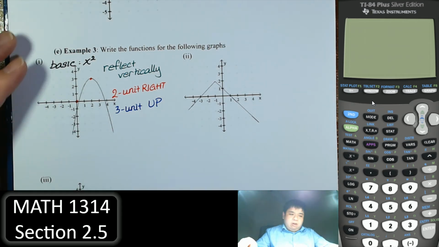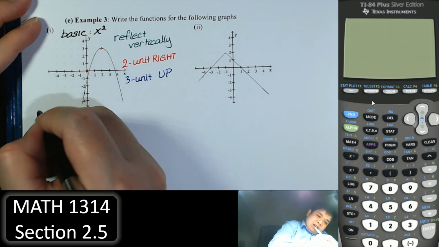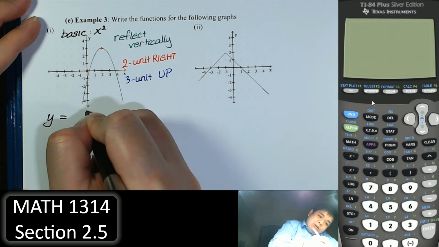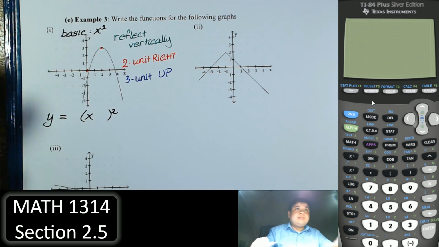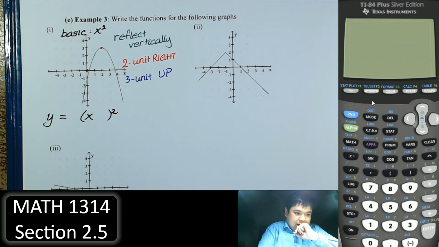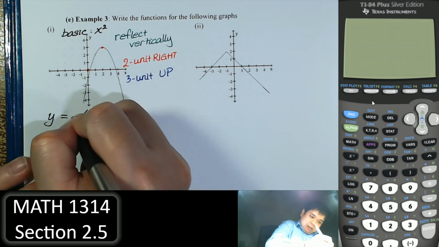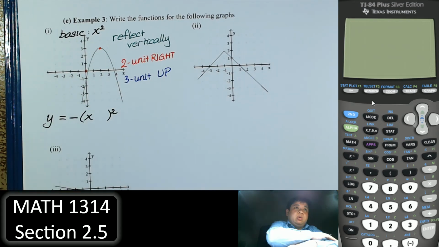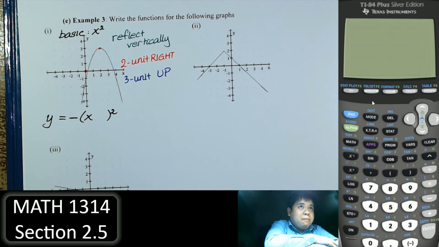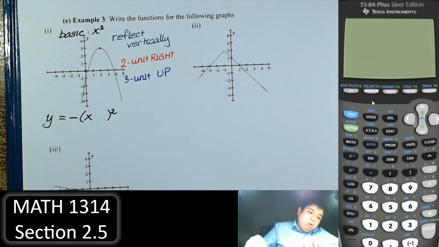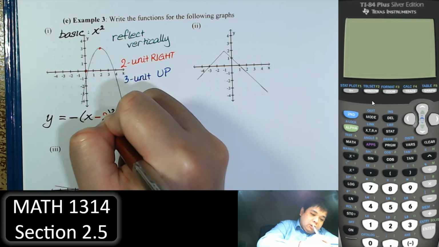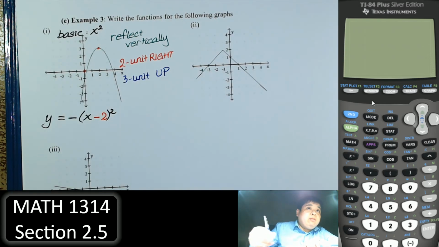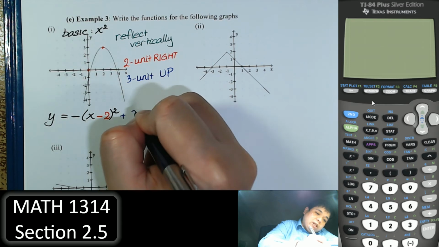How do we put in the function? So just put something like y equal to x squared. Right, now, if we're going to flip it vertically, we're going to need the minus on the outside. If we move things 2 units to the right, we have to subtract 2. And if we move up 3 units, it's going to be plus 3.